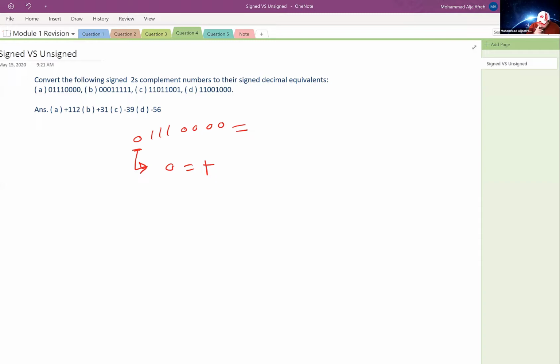So 2 to the power 6 plus 2 to the power 5 plus 2 to the power 4, that is equal to 112.